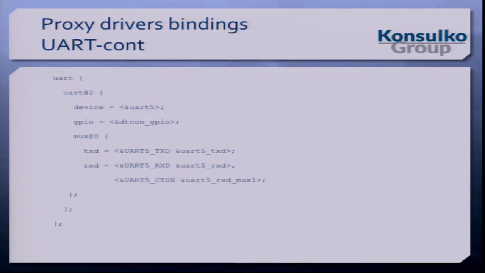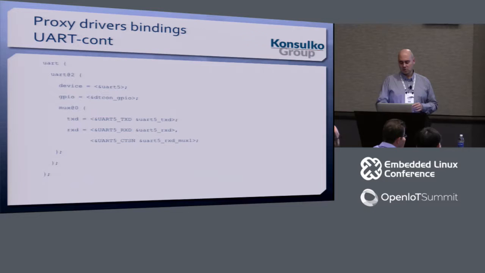Then you have a list of nodes that are the muxing options, as a tuple, 2 cells for each option. That means the transmit pin of the UART can be connected to the UART5 TXD connector pin, and it uses the UART5 TXD pin mux option.